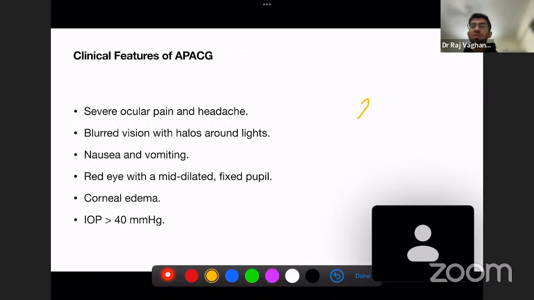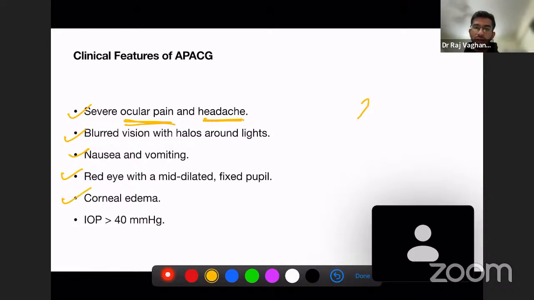Now, what are the clinical features of angle closure glaucoma? There is severe ocular pain and headache, which was not present in primary open angle glaucoma. Rather, that was asymptomatic. But angle closure glaucoma is not asymptomatic. There can be blurred vision with halos around the lights, nausea and vomiting, and a red eye with a mid-dilated and fixed pupil.